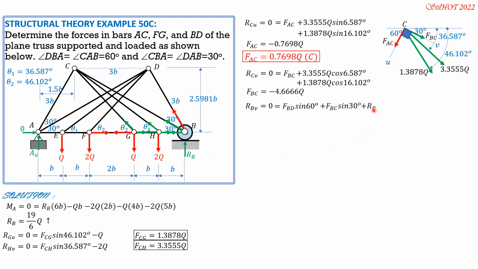So substitute F_BC, which is negative, so F_BD sine 60 plus quantity negative 4.666Q sine of 30, plus R_B, which is 19 over 6 of Q. So from there, we can now solve F_BD in terms of Q. F_BD is equal to negative 0.9623Q. So F_BD is 0.9623Q compression also.